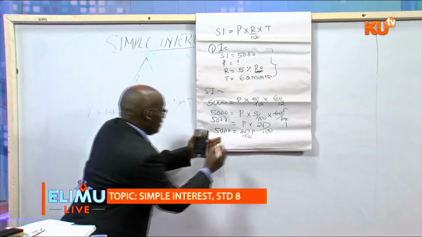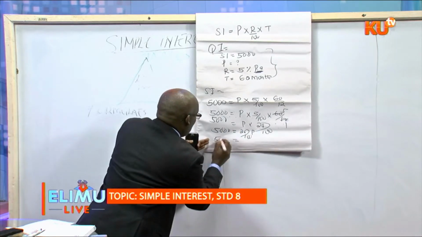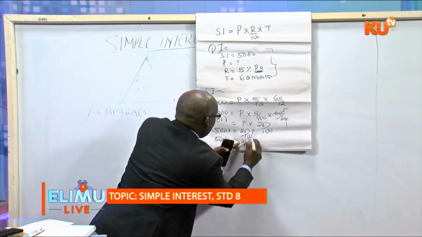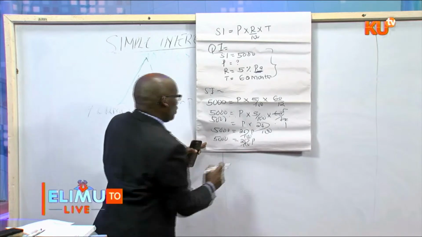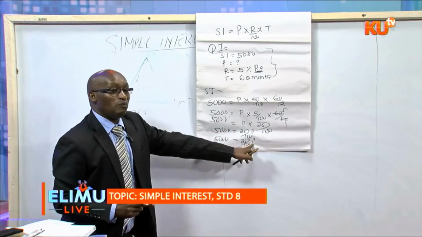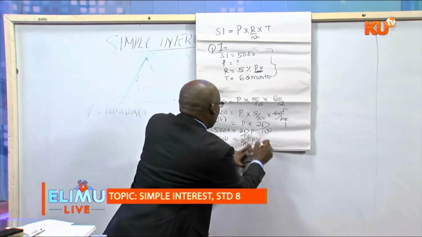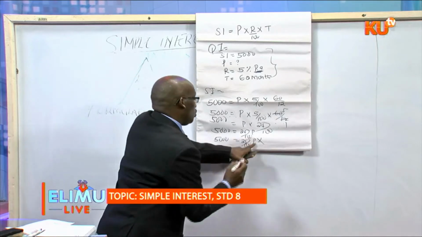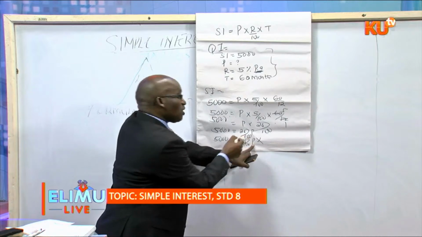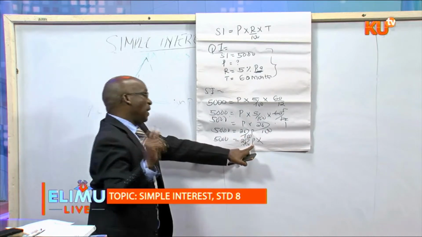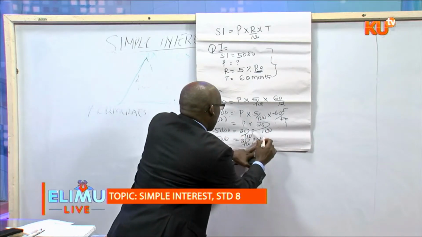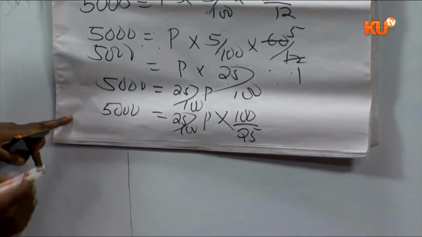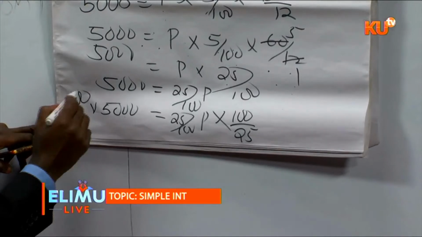As we are going to see, 5,000 is equal to 25 over 100 P. For us to be able to get the value of P, if you want to make P the subject of the formula, to eliminate the number so that you can be left with P, you multiply both sides by the reciprocal of 25 over 100, which is 100 over 25, on both sides.